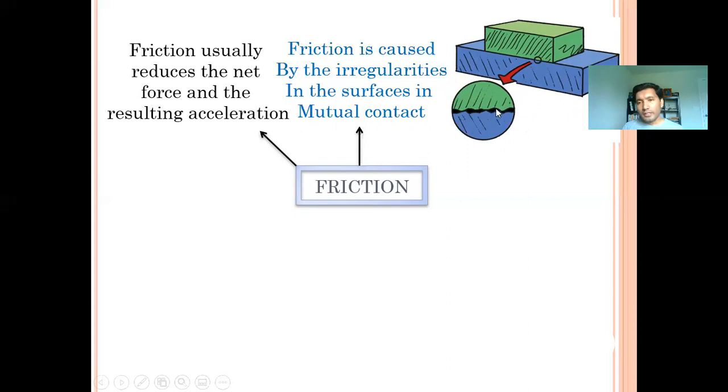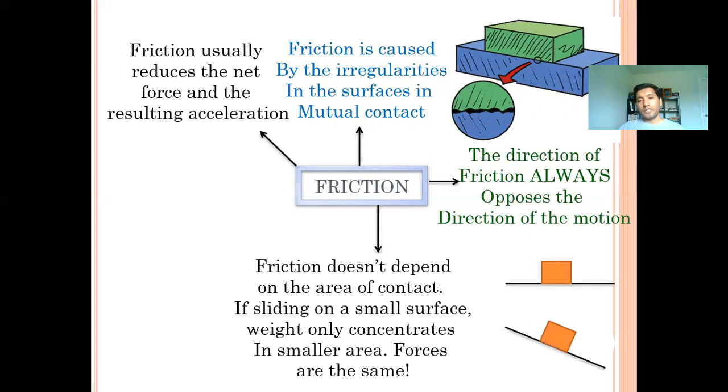So look at here, there are small hills and the valley is like this. And what is happening? This portion is interlocked here, this portion is interlocked here, and so on, right? That is the cause of friction. So the direction of friction is, remember, always opposite to the direction of motion. If this object is going in this direction, friction will be in the opposite direction.